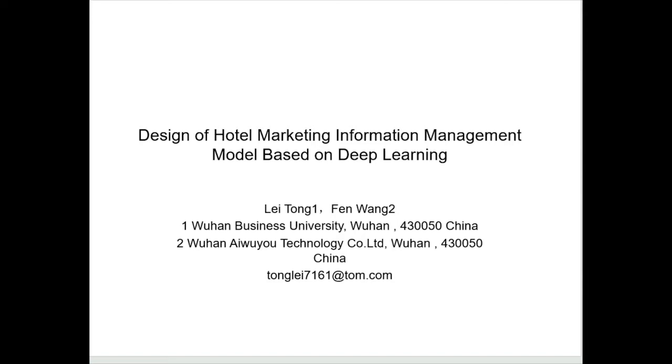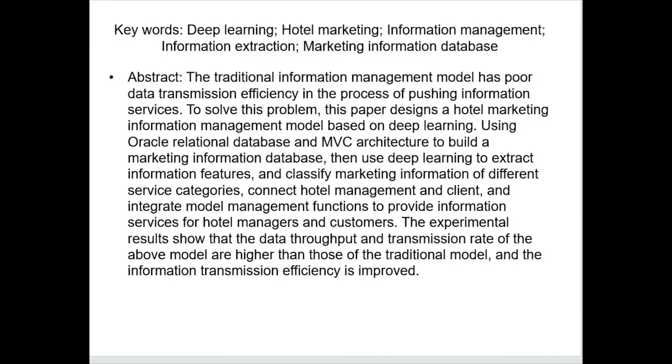Part 1. The keywords of this article are deep learning, hotel marketing, information management, information extraction, marketing information database. Abstract. The traditional information management model has poor data transmission efficiency in the process of pushing information services.